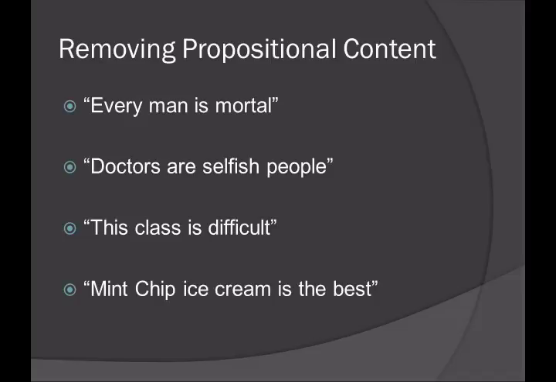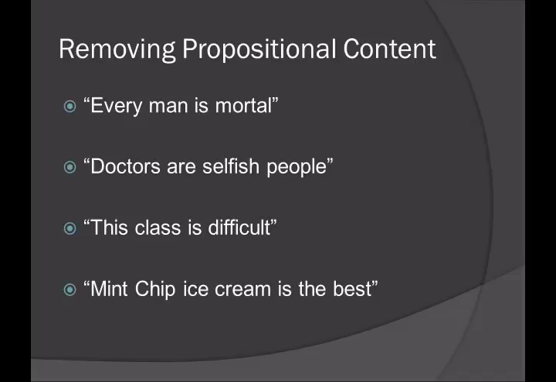Now notice, this class is difficult and mint chip ice cream is the best are both subjective claims. That's really important. To say that they're subjective doesn't mean that they do not have a truth value. They certainly do have a truth value. All that it means is that the truth value is determined by the preference of the person speaking that claim or considering that claim.